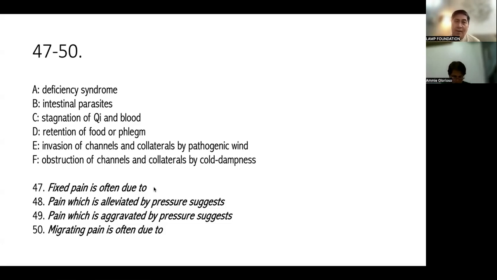And the last one, number 50, migrating pain is often due to letter E, invasion of channels and collaterals by pathogenic wind. Okay. Kaya this is very, very important, no? Especially when you talk about Bi syndrome, when you have painful obstruction syndrome, katulad nung masakit yung joints mo, you need to know what is causing the pain.